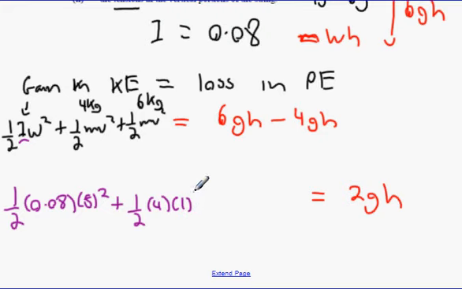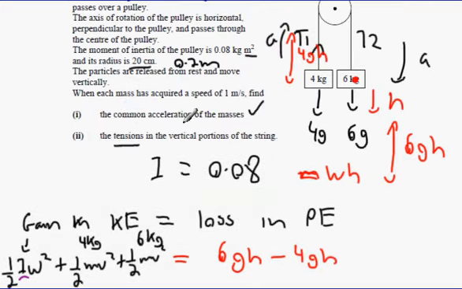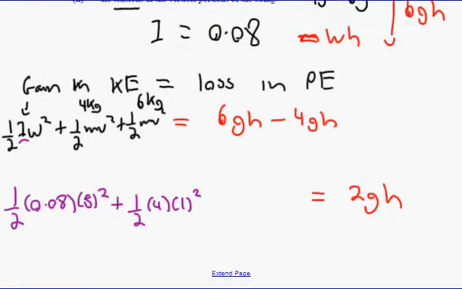How do we know it is 1? The question says when each mass has acquired a speed of 1. So it means we're talking about when they're both moving at a speed of 1. So a half 4 1 squared plus a half 6 1 squared.